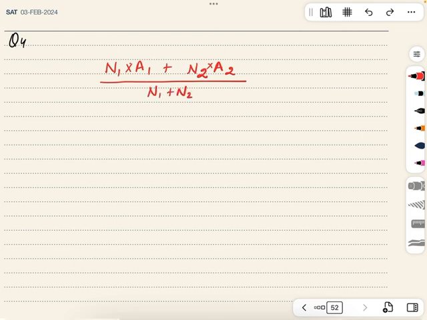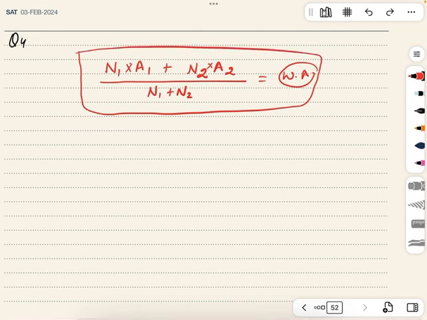That means the number of people in group 1 plus the number of people in group 2. This is the weighted average of those groups. Now there can be n number of groups and n number of averages, so this formula is for all those groups and all those averages.